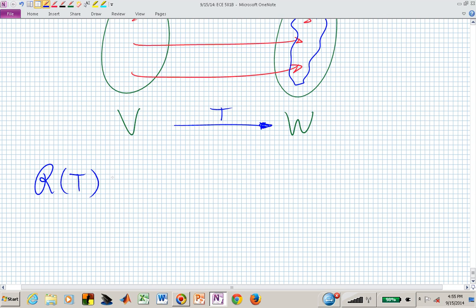Meaning the range of T, which I might write many different ways, probably script R of T, are the set of W equal to TV such that V begins in our domain.